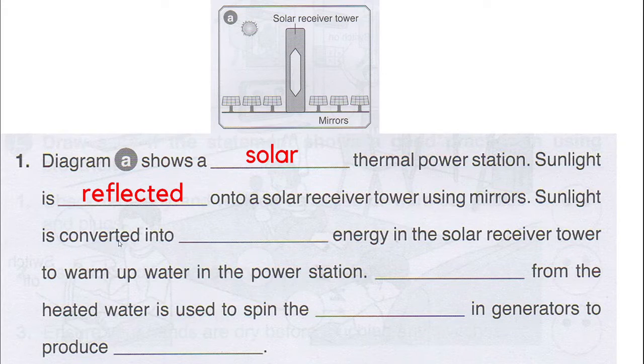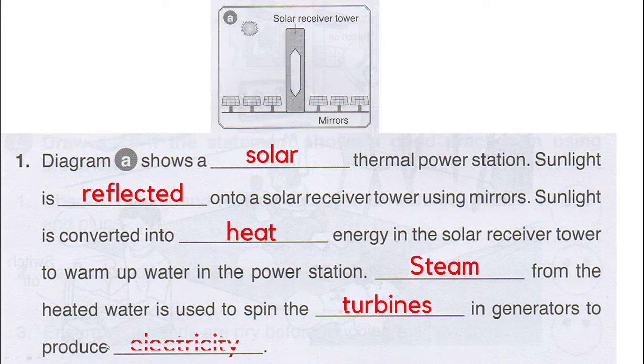Sunlight is converted into heat energy in the solar receiver tower to warm up water in the power station. Steam from the heated water is used to spin the turbines in generators to produce electricity.